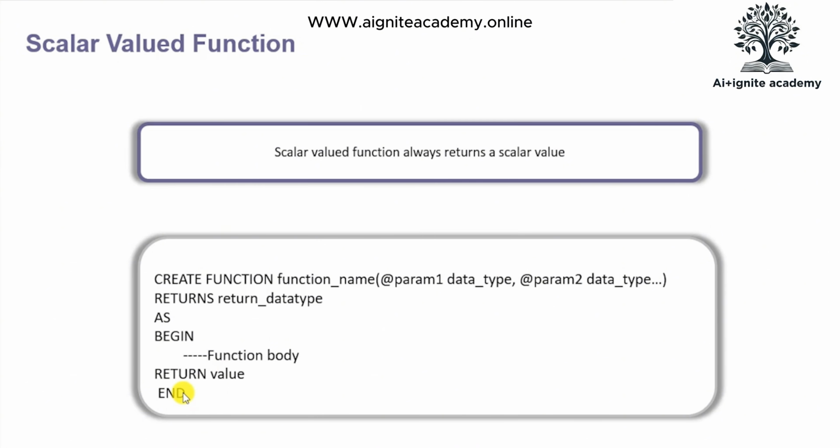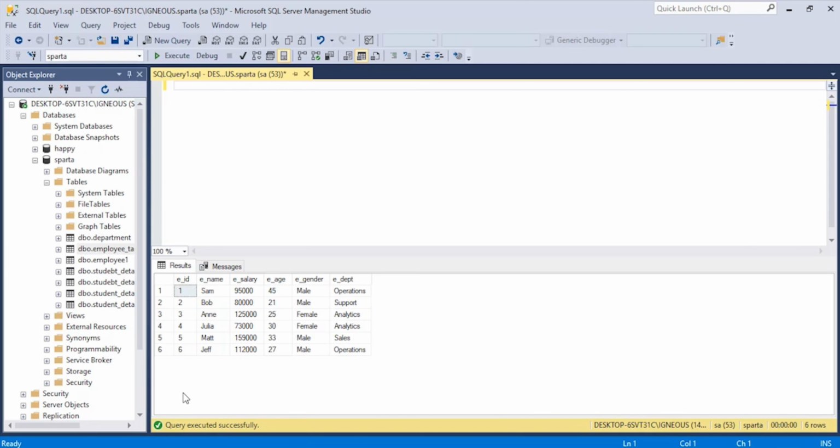So let's go to SQL Server and create our first scalar valued function. I'm going to create a scalar valued function which will take one integer value, add 5 more to the original value and return the updated value. So let me type the syntax for that. Create function and then I'll give the function name which would be add 5.